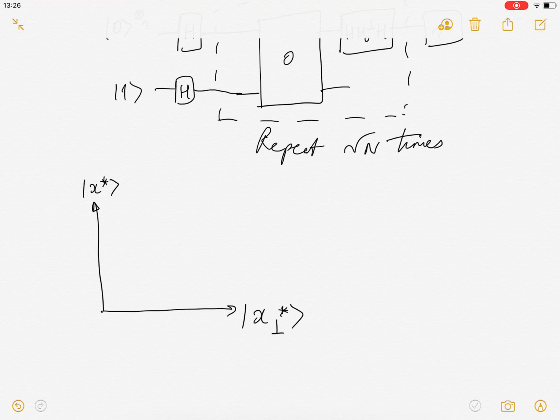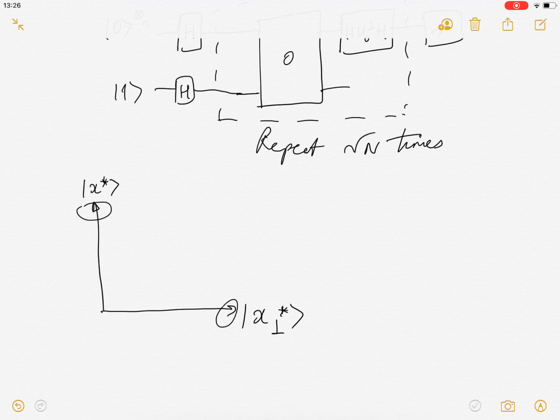The y-axis denotes our key value and the x-axis denotes the non-key values. So this axis denotes the solution space, and the other axis denotes the non-solution space.